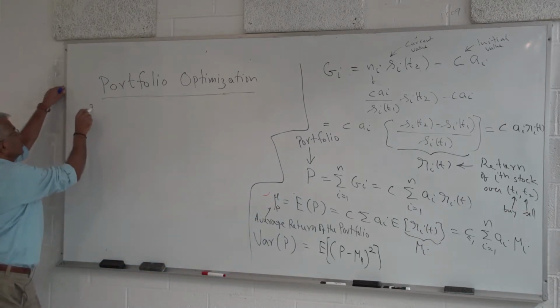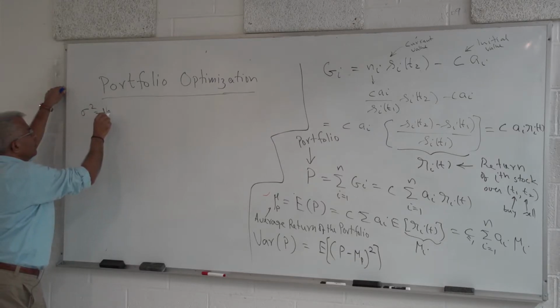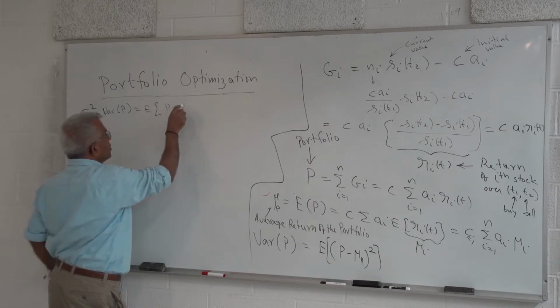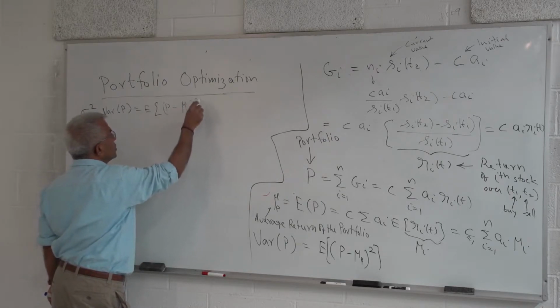So if I call sigma squared the variance of the portfolio, this is going to be the expected value of P minus mu P, the whole squared.